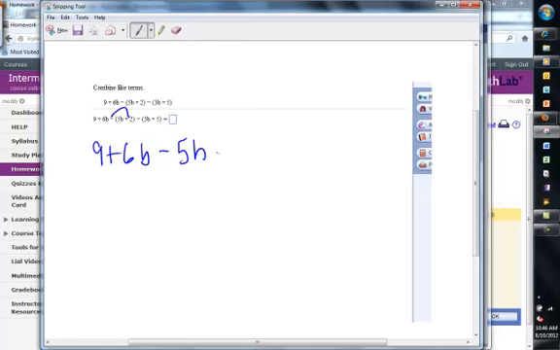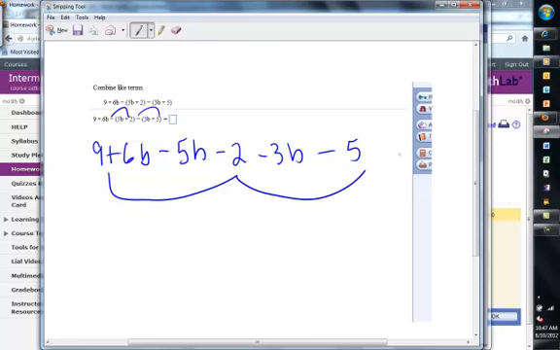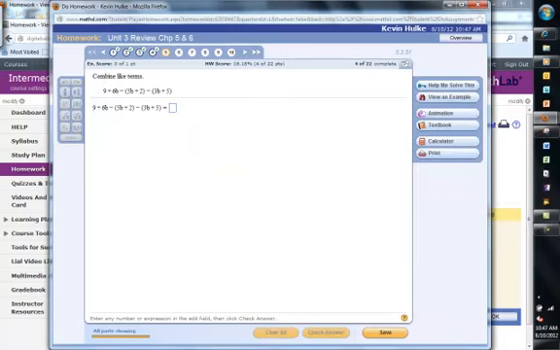This negative sign makes that minus 2. Minus 3b. This negative sign makes that minus 5. 9 minus 2 minus 5 is 2. 6b minus 5b is 1b. Minus 3b is negative 2b. So it's negative 2b plus 2.